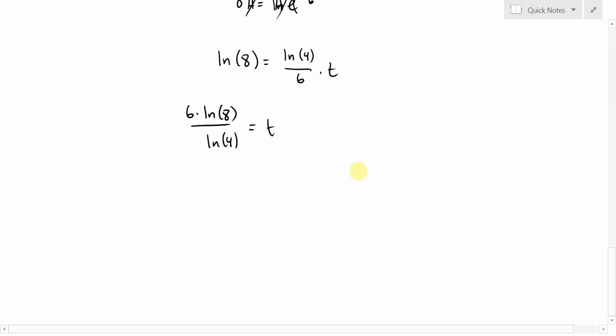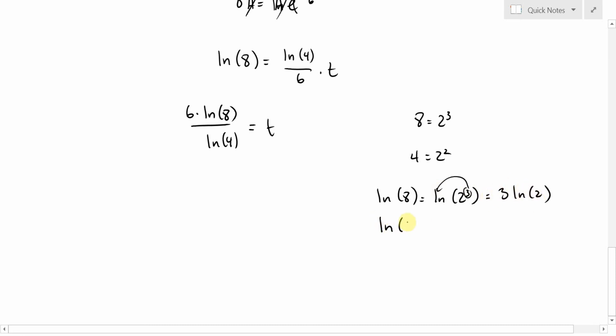That does not work. What you have to write is 8 is 2 cubed, and 4 is 2 squared. So ln of 8 is ln of 2 cubed, and that cubed comes out in front as a factor of 3 ln of 2. Similarly, ln of 4, ln of 2 squared, the 2 comes out, and that's 2 ln of 2.